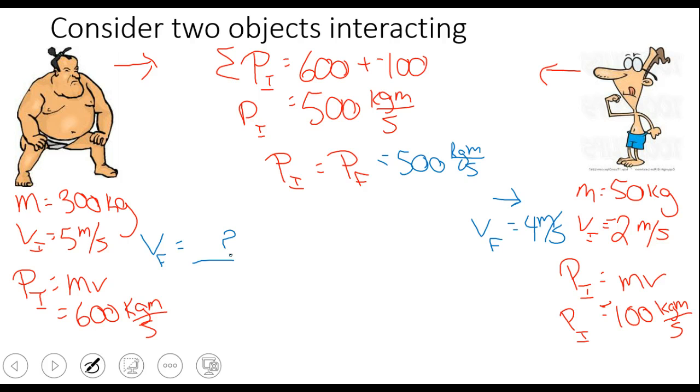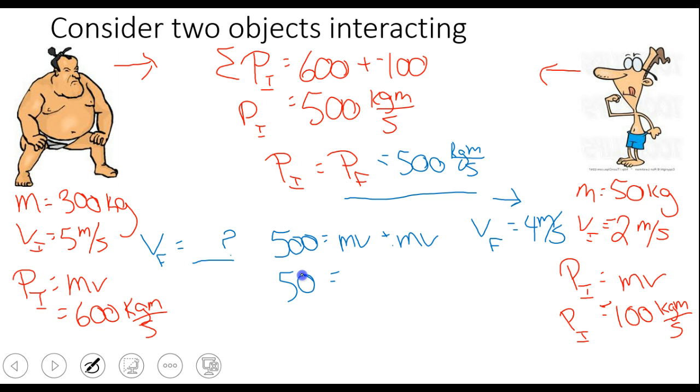And so then I know that the final momentum is 500. And so I'll go ahead and do 500 equals. My little guy is moving to the right, so he's going to be the positive one, and it's going to be mv of this guy to the right plus mv, or the momentum, of the sumo wrestler.